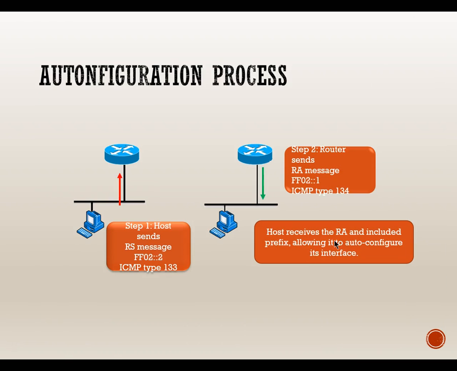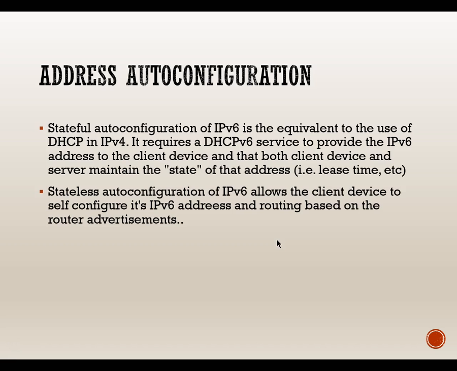A host receives the router advertisements, which include the prefix, allowing it to auto-configure its interface. So that's why we call it auto-configuration. Stateful auto-configuration is the equivalent of using DHCP in IPv4. Stateful means that we're having something to help us create it. It requires a DHCPv6 service.